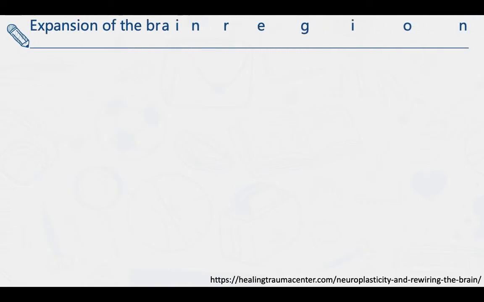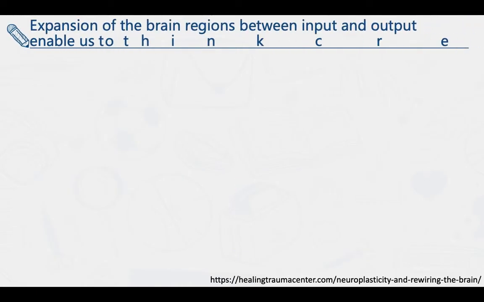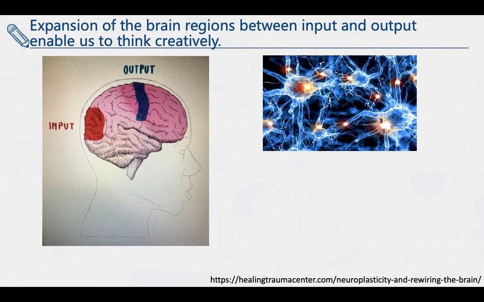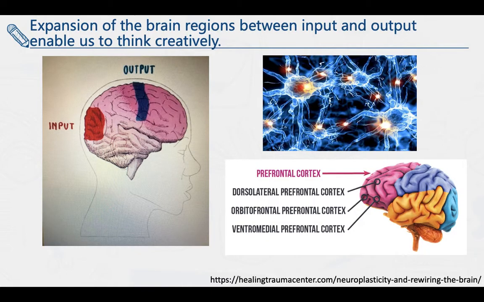So what's the secret inside? The expansion of the brain region between the input and output enables us to think creatively, because it's wider than the hamster's. And the neural network here is totally different.